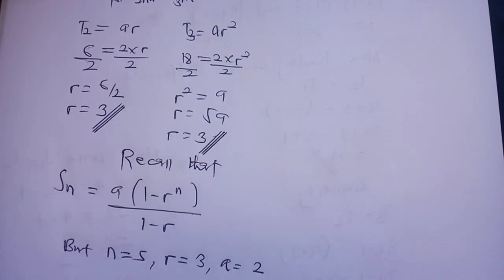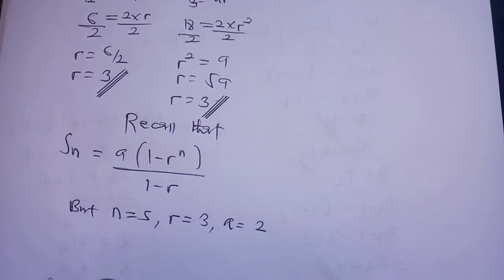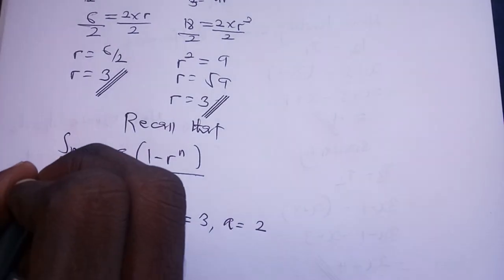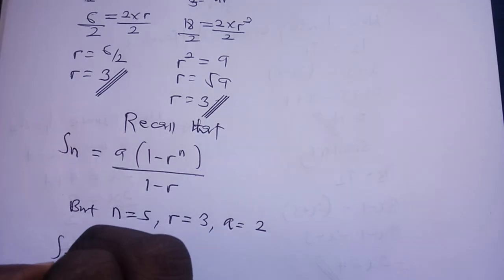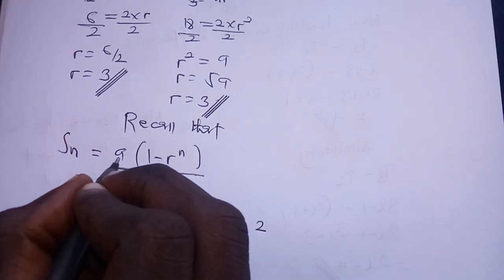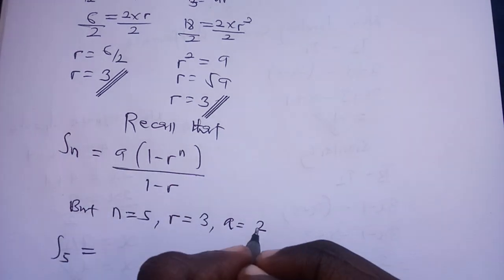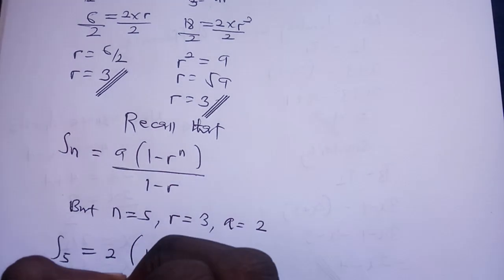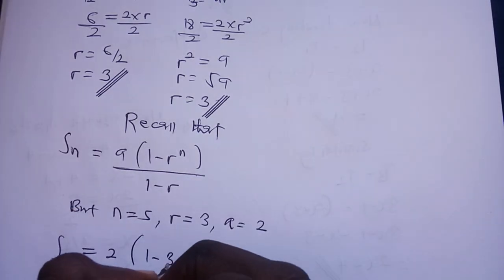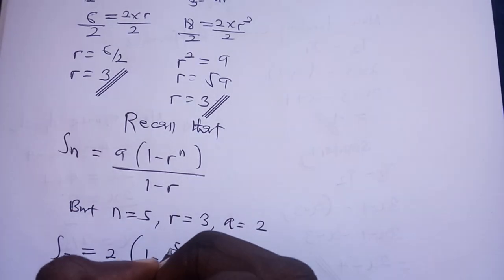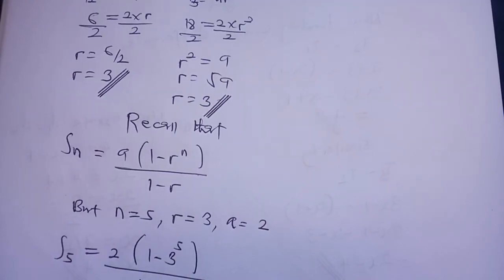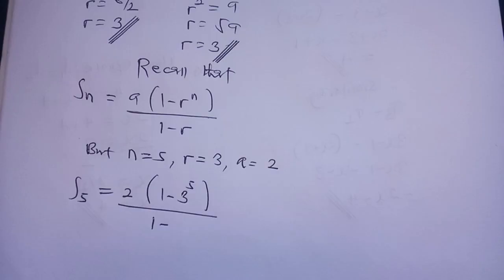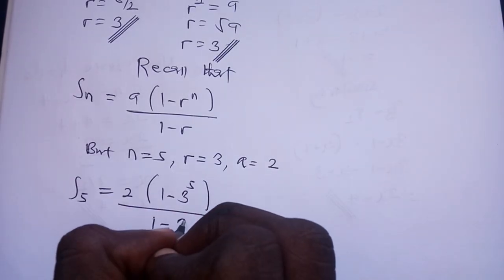So from this point, you substitute now. n is 5, a is 2, so we have 2 into 1 minus r, where r is 3, raised to the power 5, then we divide everything by 1 minus 3.